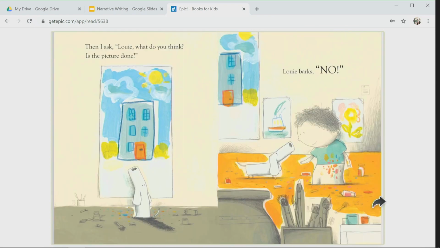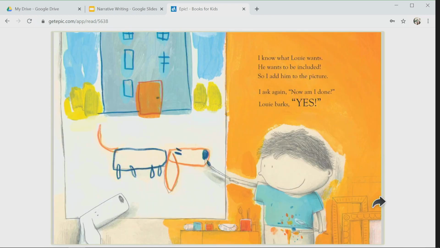Then I ask Louie, what do you think? Is the picture done? Louie barks, no! I know what Louie wants. He wants to be included, so I add him to the picture. I ask again, now, am I done? Louie barks, yes!